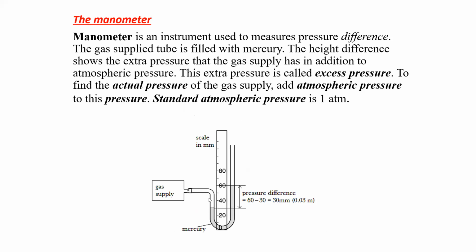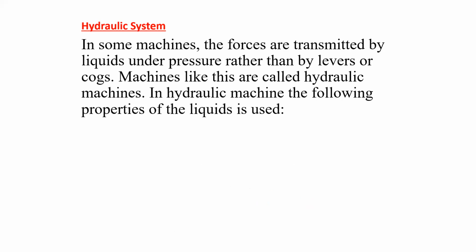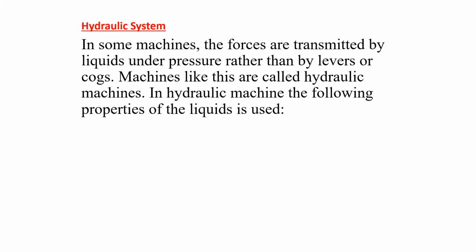If the level of the liquid on the side where the gas supply is placed is lower than the side where it is open, it means the gas pressure is more than the atmosphere. And if both levels are the same, it means the gas pressure is equal to atmosphere, and it can be the other way around. This is what we have discussed till this point.